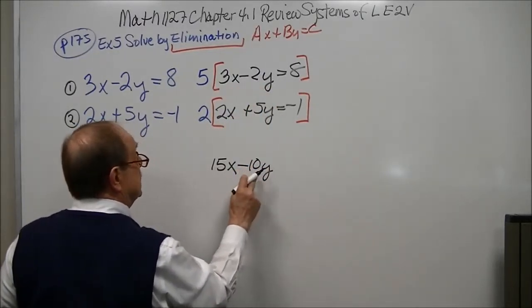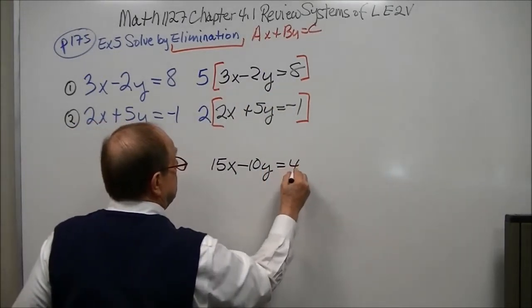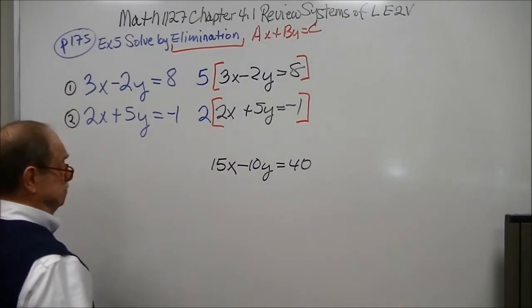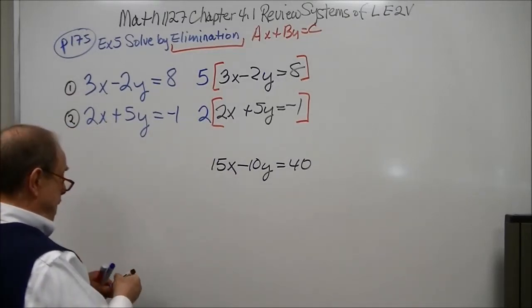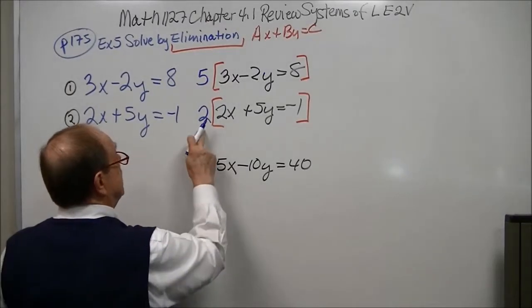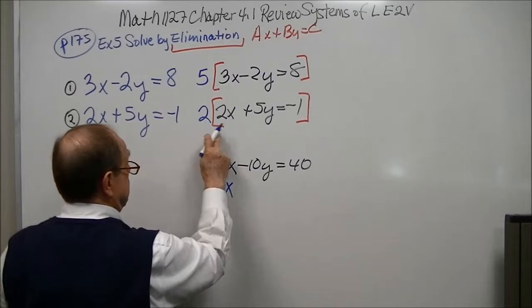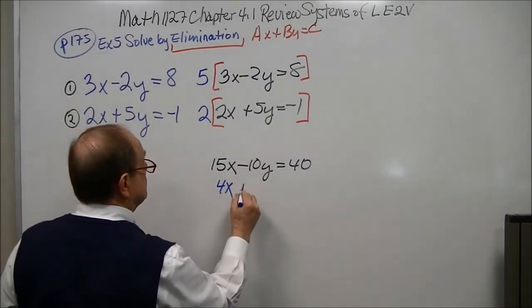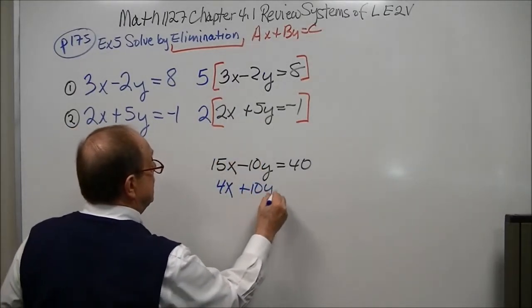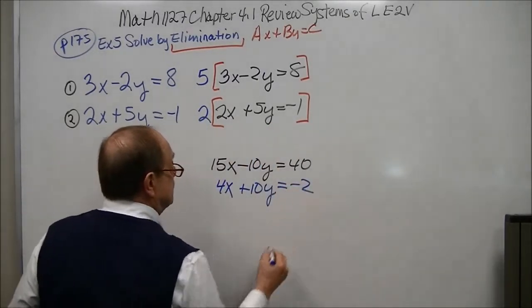See, that's what I wanted to get. And then 5 times 8 is 40. Now, my next equation, I'm going to multiply it by a 2. This becomes a 4x. This becomes a plus 10y. And this becomes a negative 2.